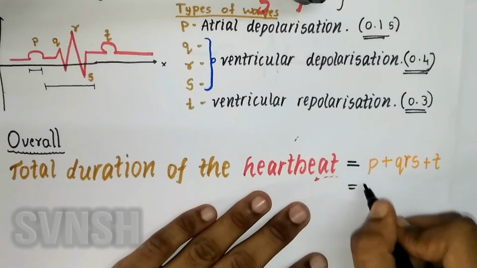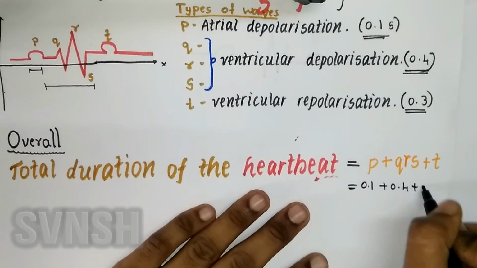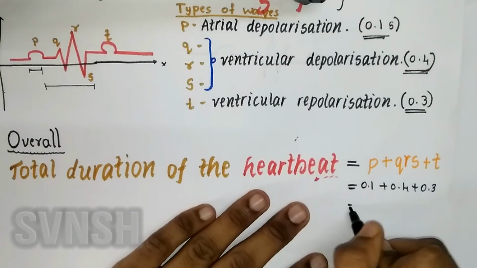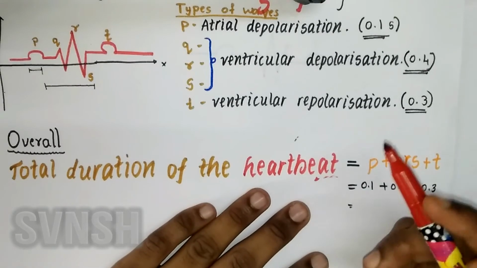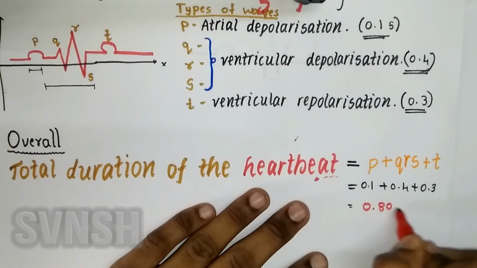That is 0.1 plus 0.4 plus 0.3, and the final value is 0.80 seconds.